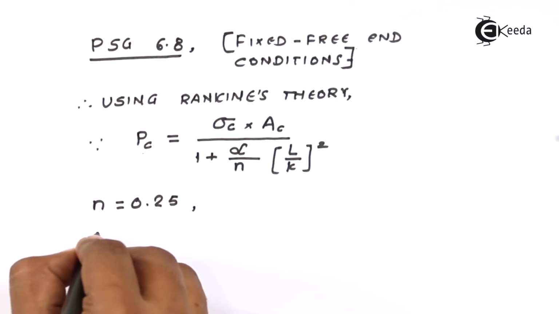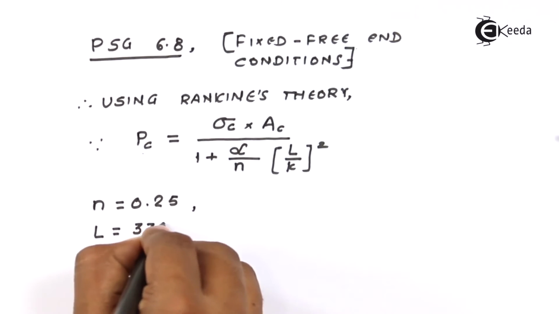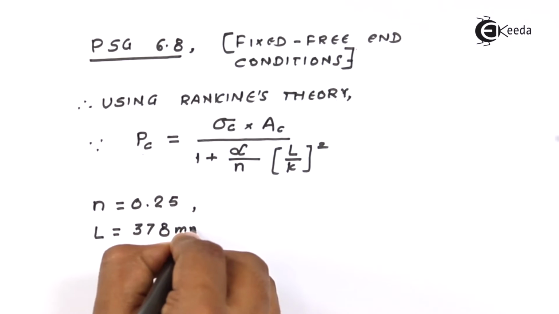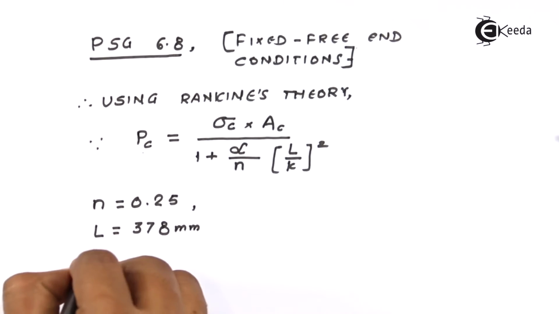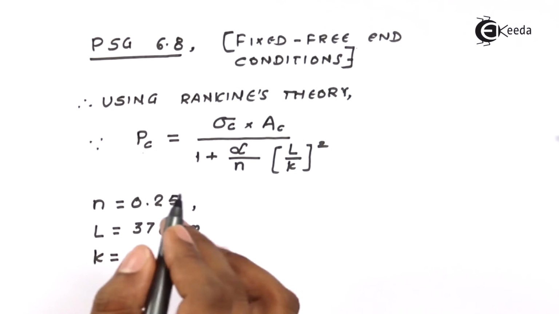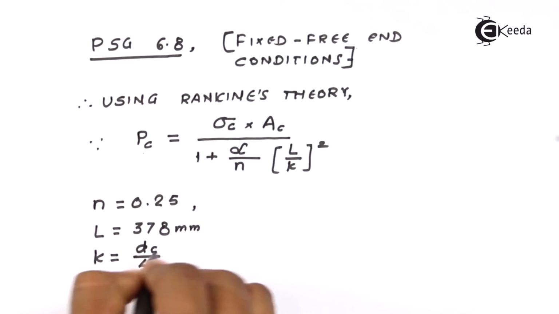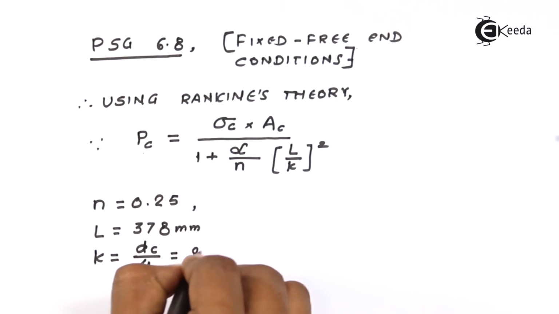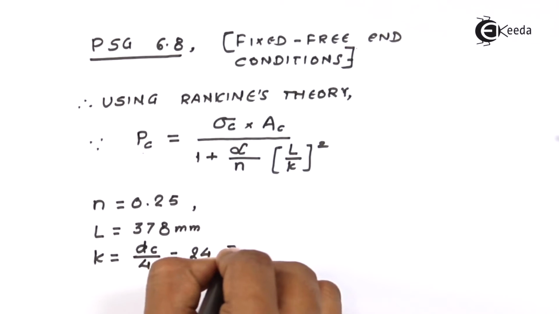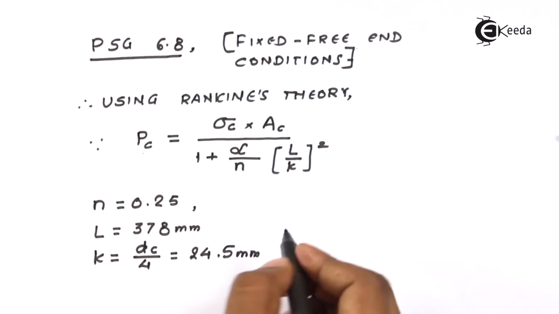Second thing we can take is length, which is 378 millimeter. We already have found this out. There comes K, which is the radius of gyration. For this standard case, it is assumed to be equal to core diameter divided by 4.